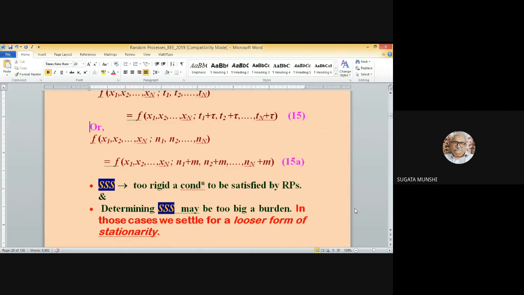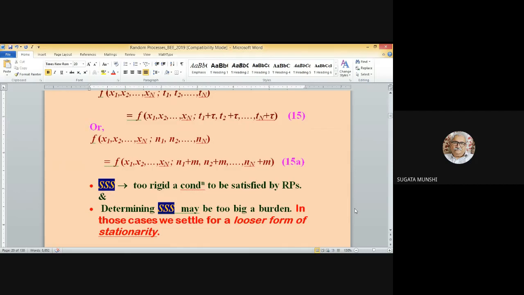So whatever I stated has been written down here, that strict sense stationarity appears to be too rigid a condition to be satisfied by random processes. And even if it is satisfied, to assess whether it is satisfied or not may be too big a burden.